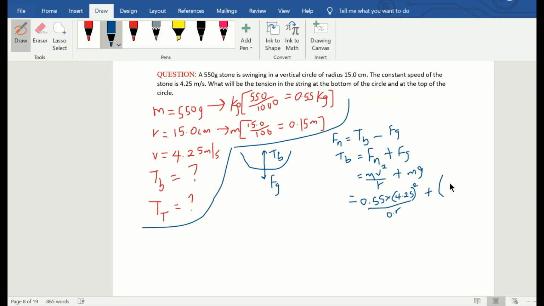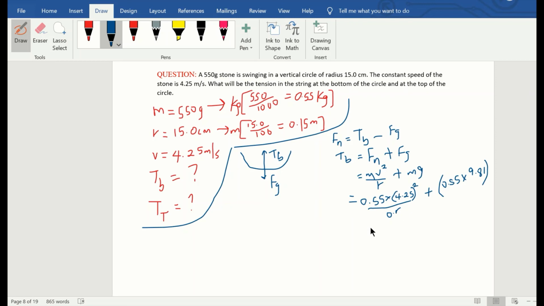The mass is 0.55 times our g, which is 9.81. Remember that our g is always constant. It is equal to 9.81.